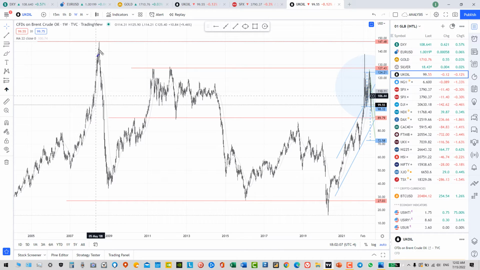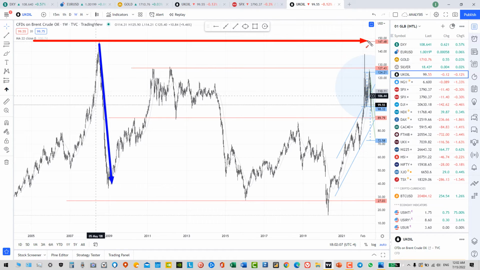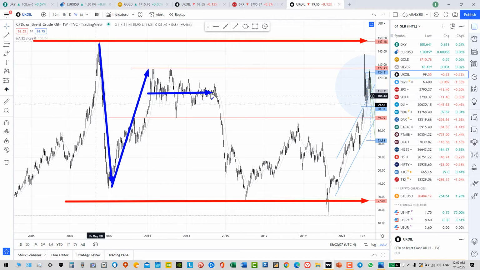The long-term trends that make up the waves within the monthly trading range are as follows. Here it goes down, reflecting from the major resistance around 147, and here it bounces from the monthly support around $27. So this is a trend, and this is another trend. Medium term, sometimes long term, they range from 1.5 to 2 years, and sometimes it goes into long-term sideways consolidation.